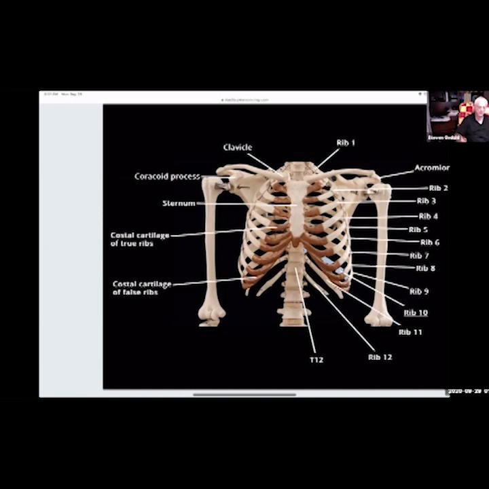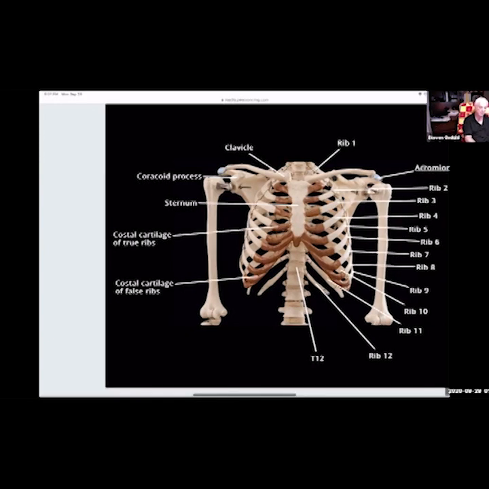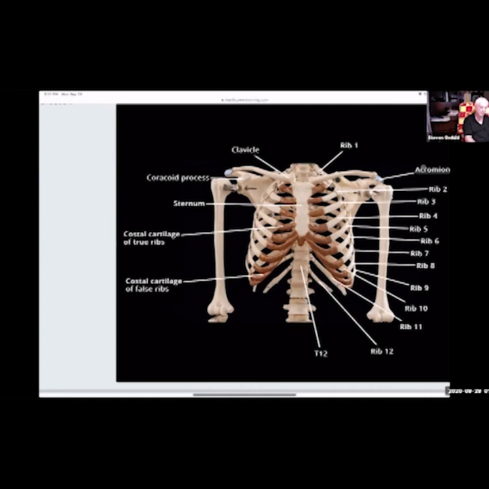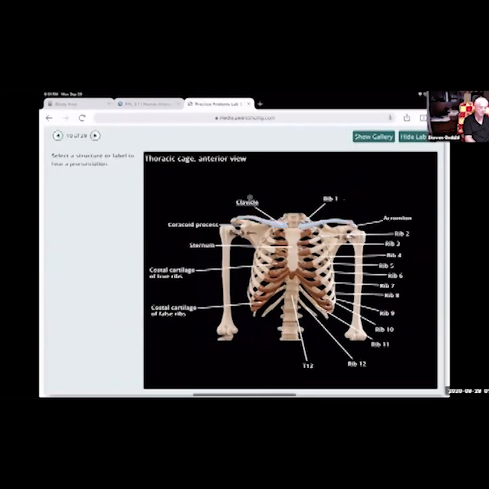Then ribs 9, 8, 7, 6, 5, 4, 3, 2, and rib 1. Because rib 1 connects to T1, rib 2 connects to T2, and so on. And you have the acromion process of the scapula. Rib number 1 is up there, and the clavicle. Perfect.